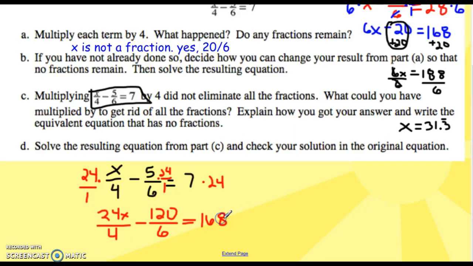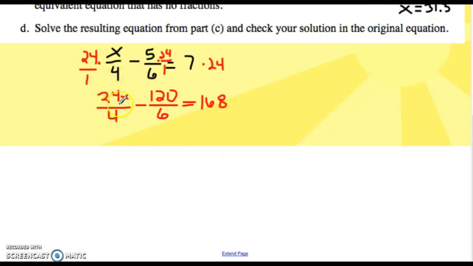All right, so now I'm going to do the math to get those fractions not fractions anymore. So here I have 24 divided by 4, and hopefully you know that's 6. So then I have 6x minus 120 divided by 6. 6 goes into 12 twice, and then I still have the 0, so that would be 20 equals 168.